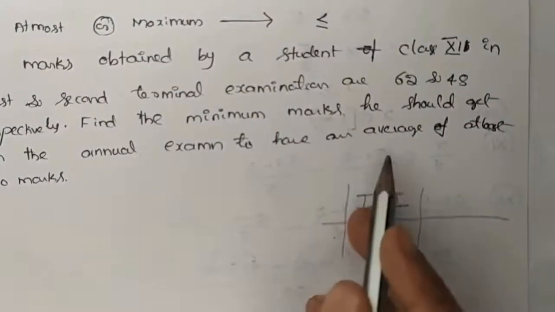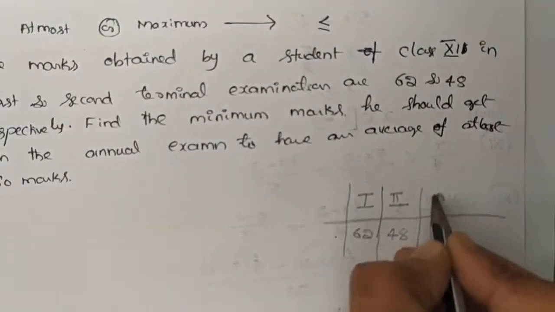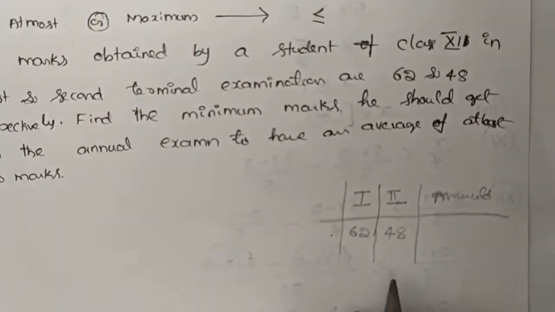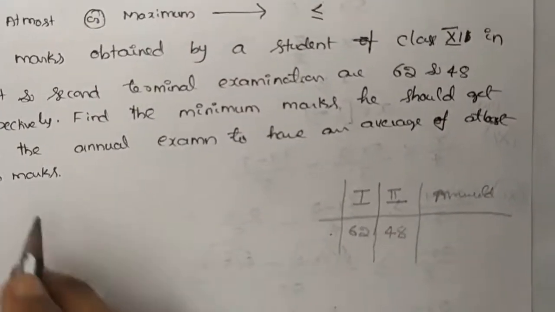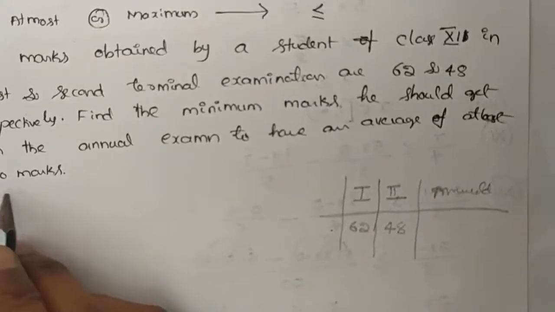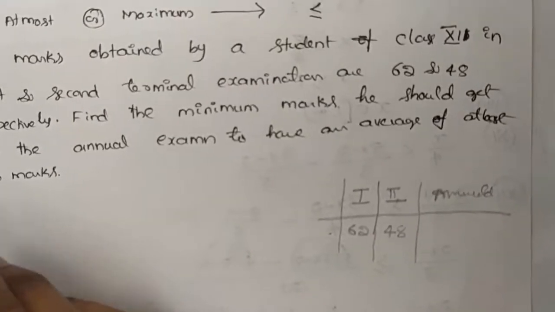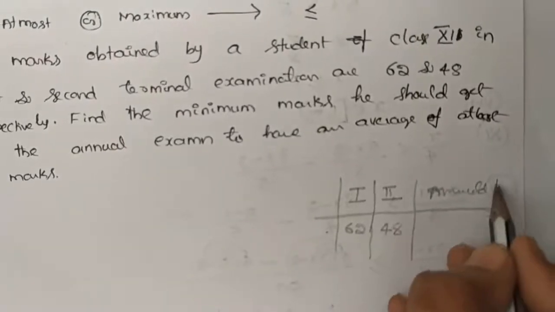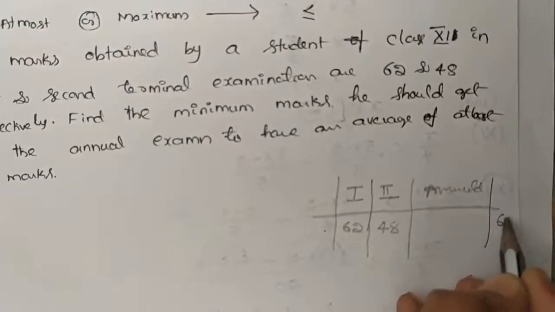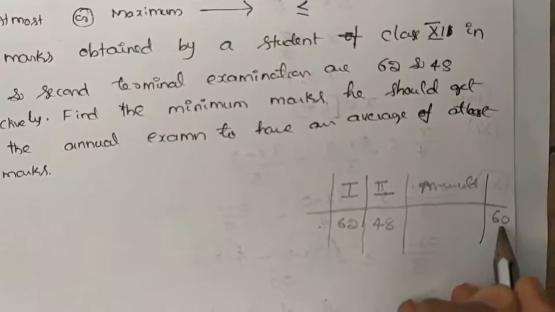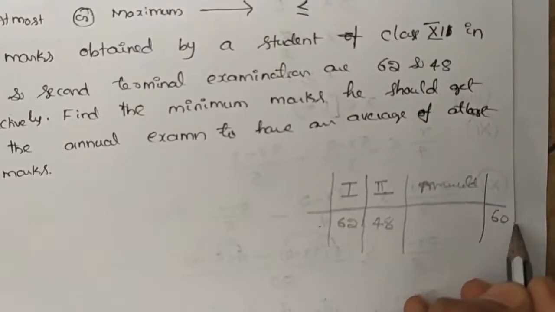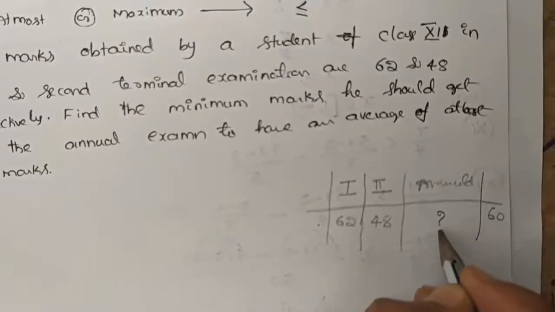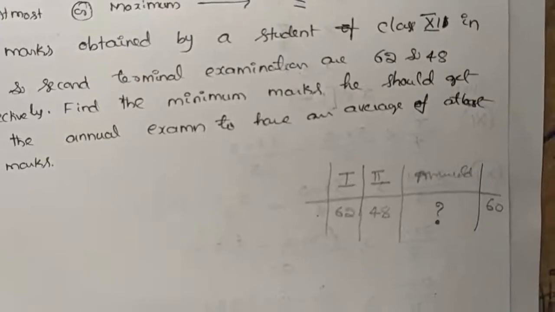Find the minimum marks he should get in the annual examination to score an average of 60 marks. How many marks at least does he have to get?